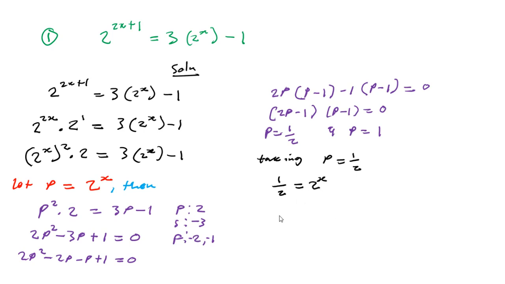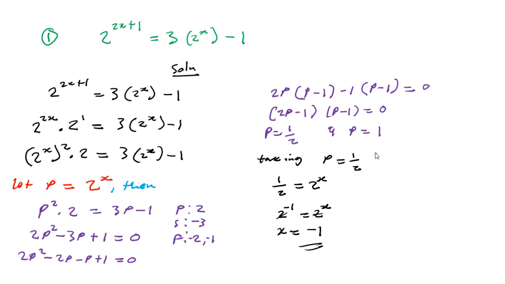Then this can be changed: 2 to the power negative 1 is simply equal to 2 to the power x. Remember, same bases, so the bases will go. So we are going to have x is simply equal to negative 1. So this is your first answer.